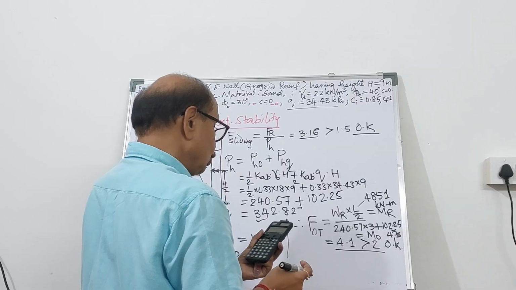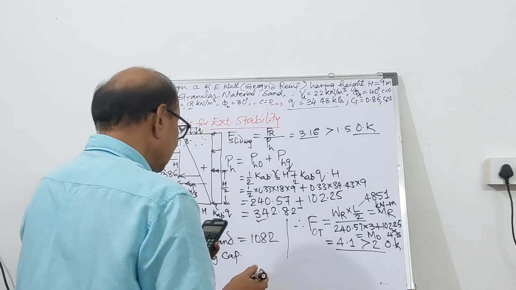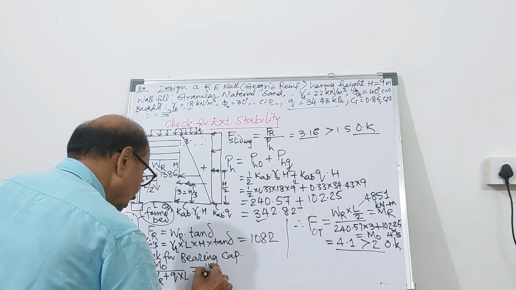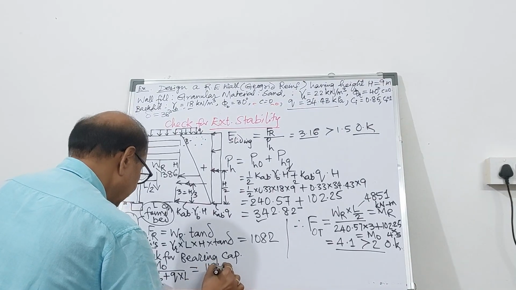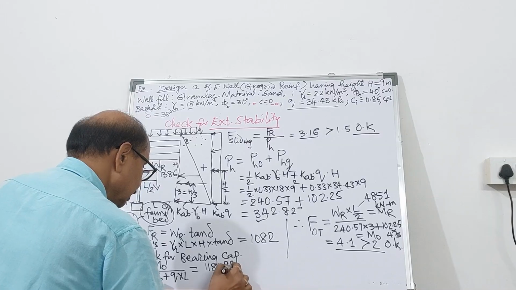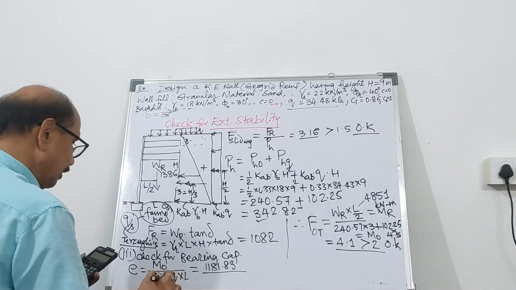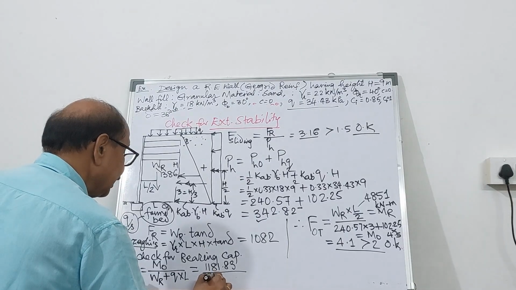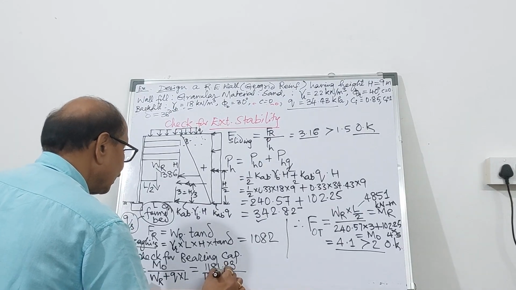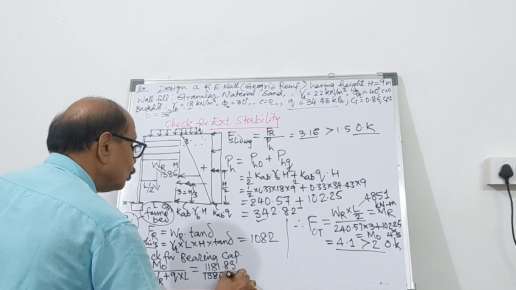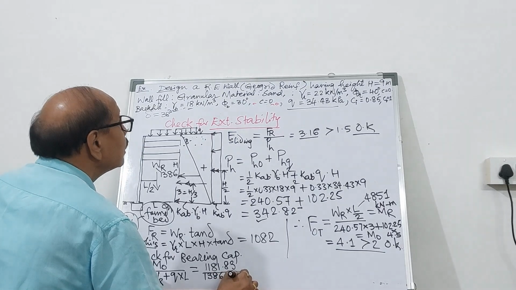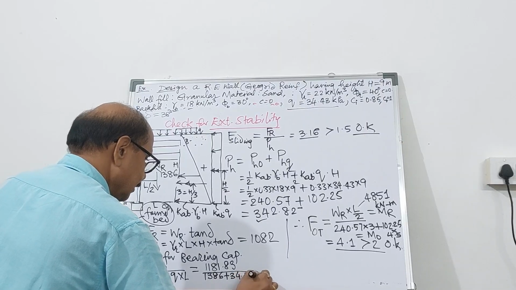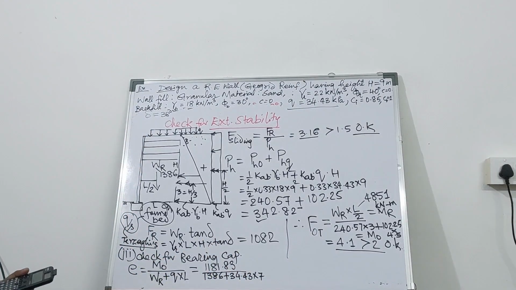So this gives you overturning moment as 1181.83 kilonewton meter. WR is 1386 plus Q is 34.43 multiplied by 7 meter, length of the geogrid.